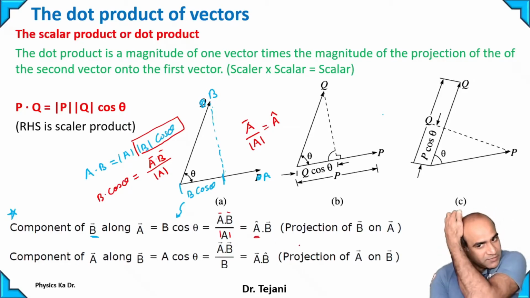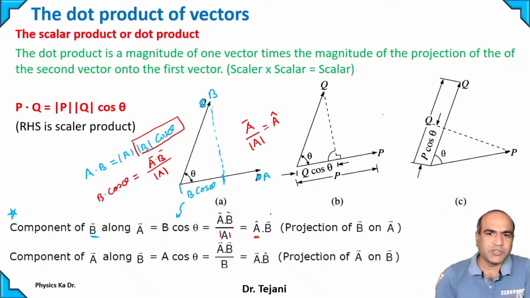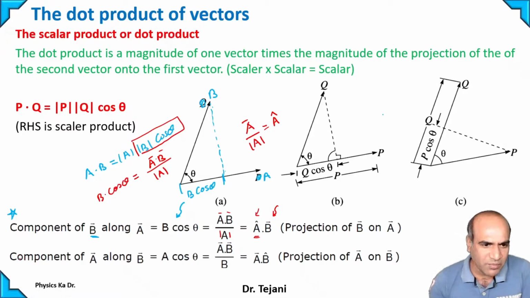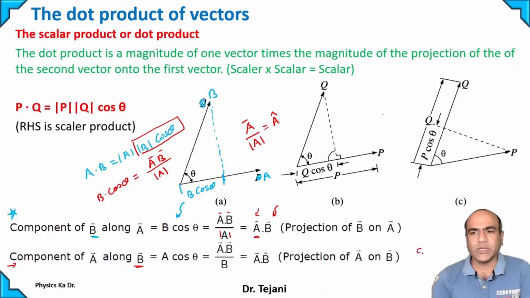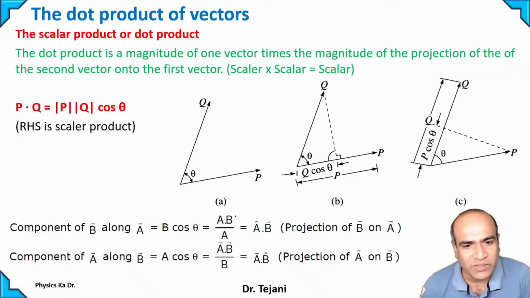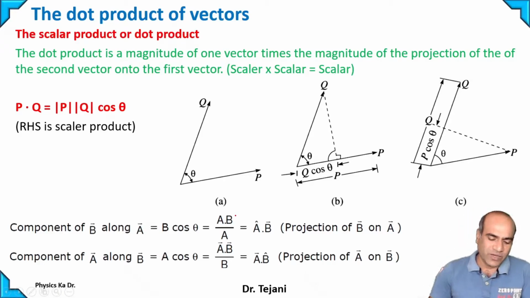So ultimately, the projection of B is a projection on the unit vector of A. Similarly for the component of A along B bar, you can prove that part. So this is the component of B bar along A and A bar along B bar that you have to work out.